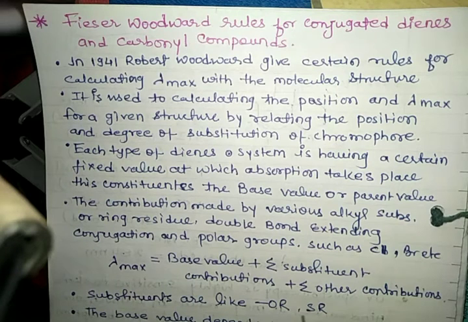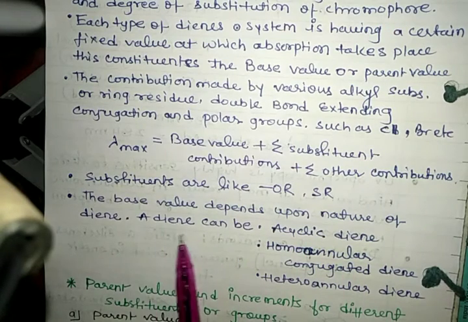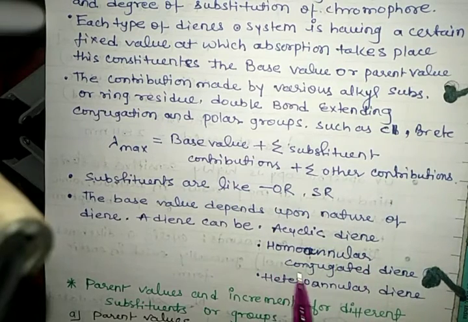Substituents are like OR and SR, and the base value depends upon the nature of the diene. A diene can be acyclic diene, homoannular conjugated diene, or heteroannular diene.